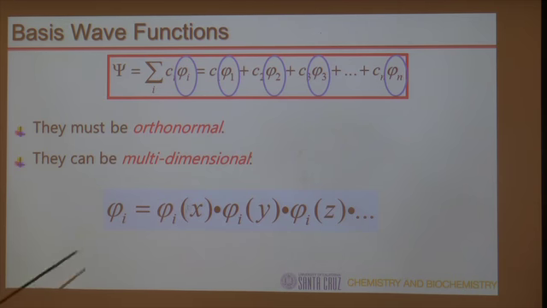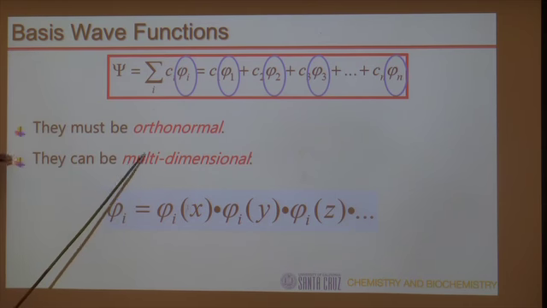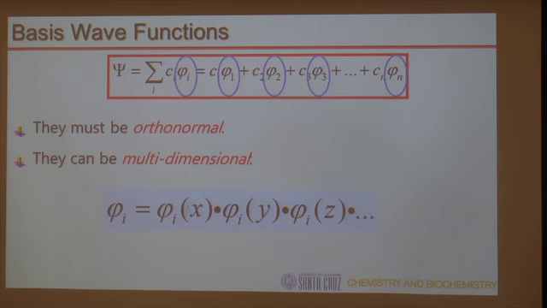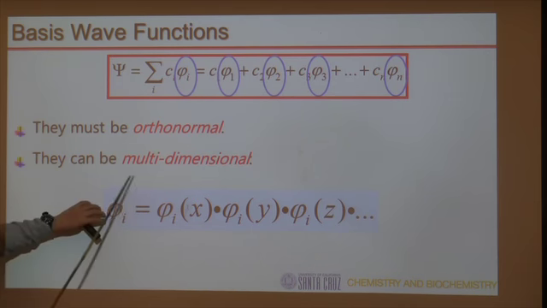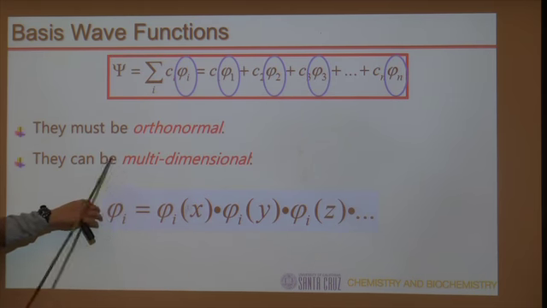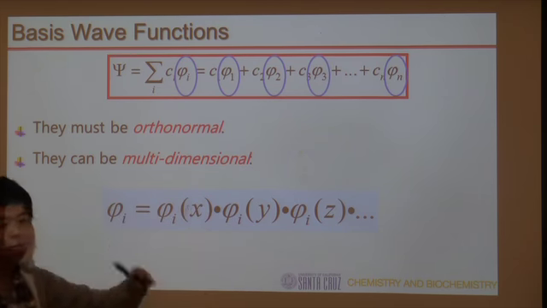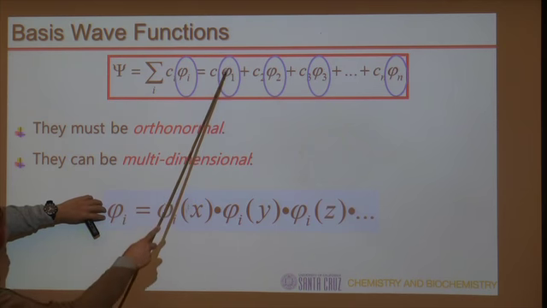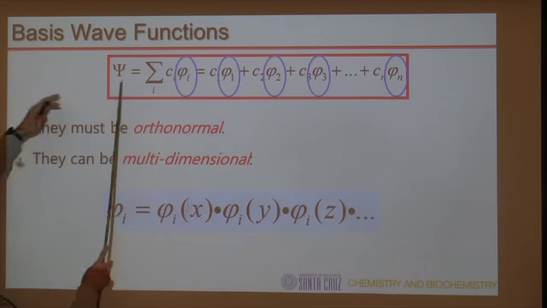Okay, again, a little bit tricky. If we talk about the total wave function, about superposition, you combine each basis wave function by adding them together. But for each single, individual basis wave function, if we have multiple dimensions, you find the wave function in each dimension and multiply them together. So this expression only applies for each individual one, but you can add those together to give you the total.